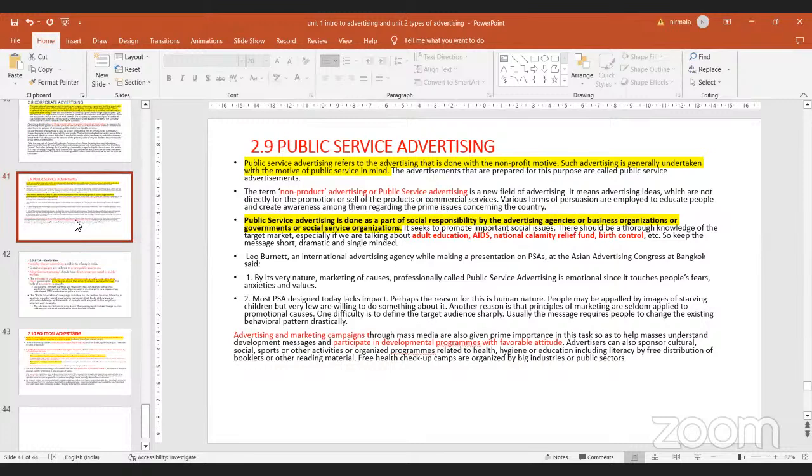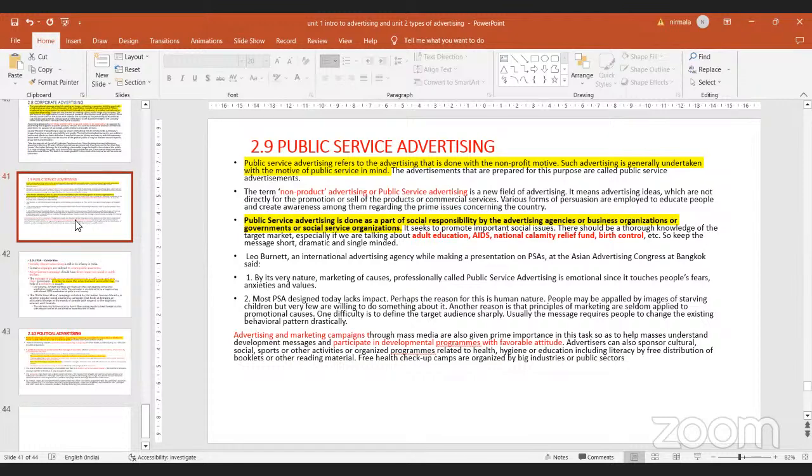We have discussed based on the function of advertising, whether it is informative or persuasive, or based on demand, whether it is primary demand or secondary demand, or based on the mass media used, like print or broadcast media like television or radio, whether it is advertising in newspapers or magazines, whether you are going for social advertising, online advertising, public service advertising, or corporate advertising, financial advertising, whether it is display or classified, hoardings, etc.